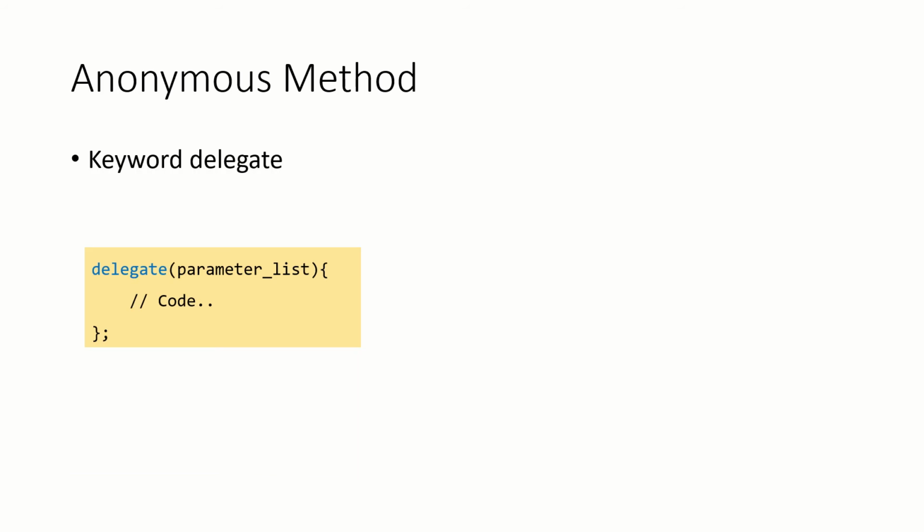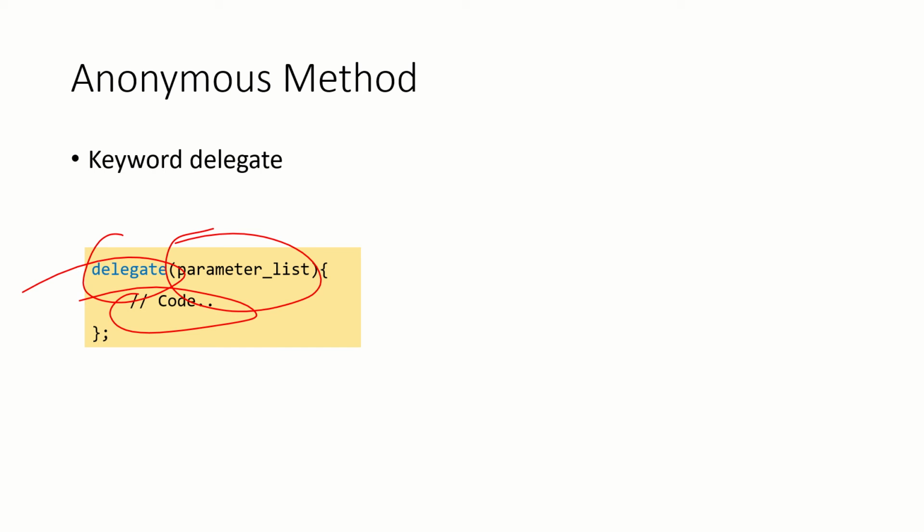So then we talk about what an anonymous method is. Okay, with an anonymous method, you don't have to give a name. Instead, we use a keyword to declare an anonymous method. The keyword is delegate. Then you put the parameter over there. Then you write the code.